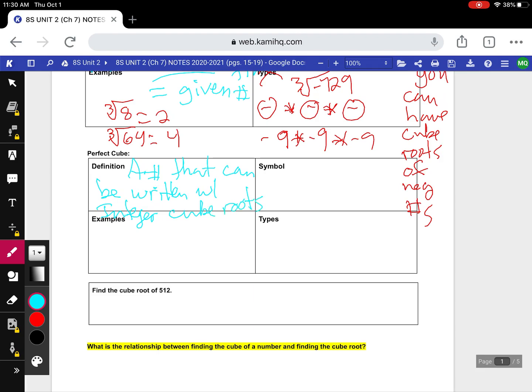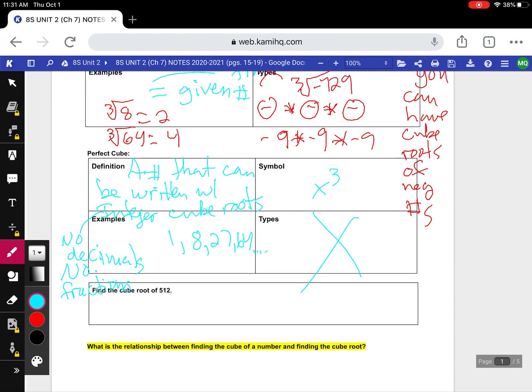For those of you who've forgotten what an integer is, it means no decimals, no fractions, okay? Make sure you remember that. And the symbol, so like x to the third, okay? Some examples would be 1 is a perfect cube, 8 is a perfect cube, 27, 64, etc.